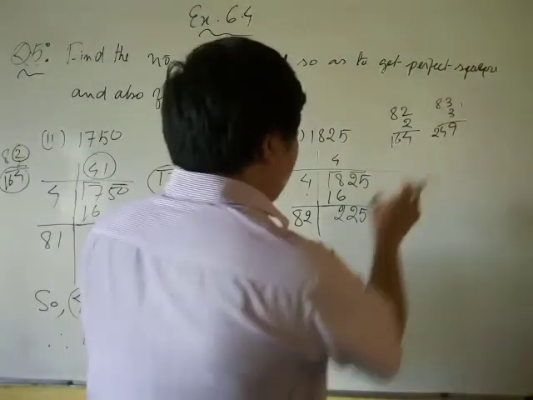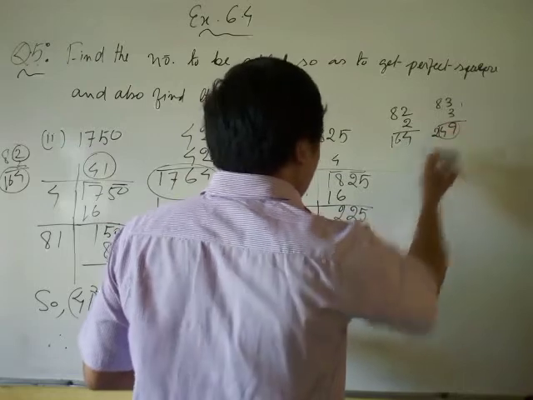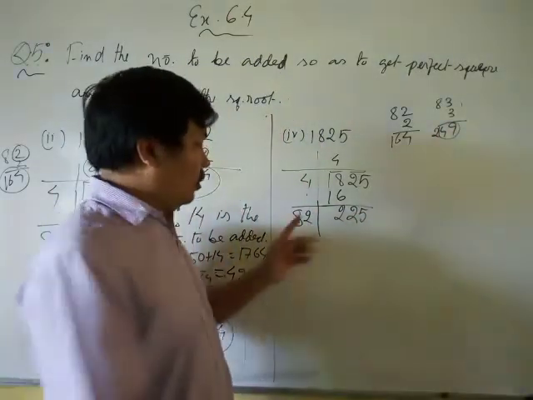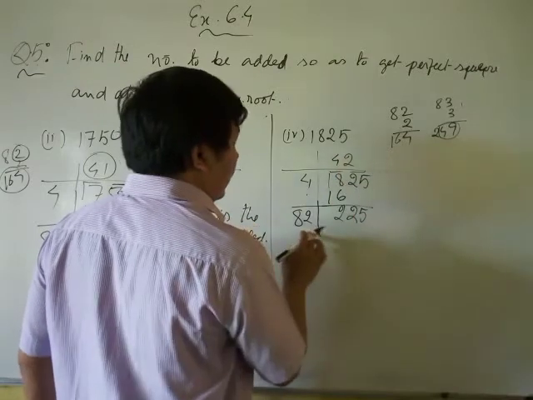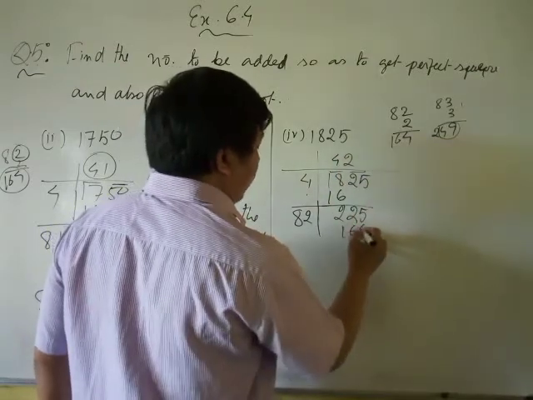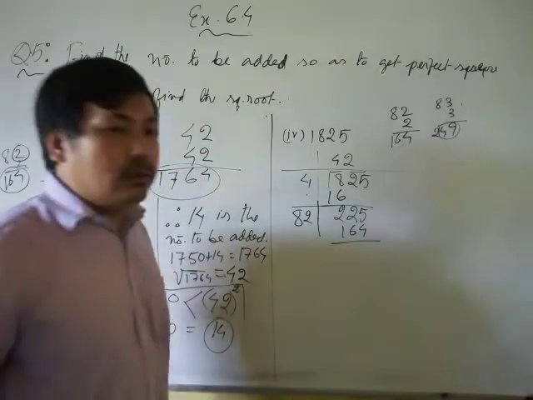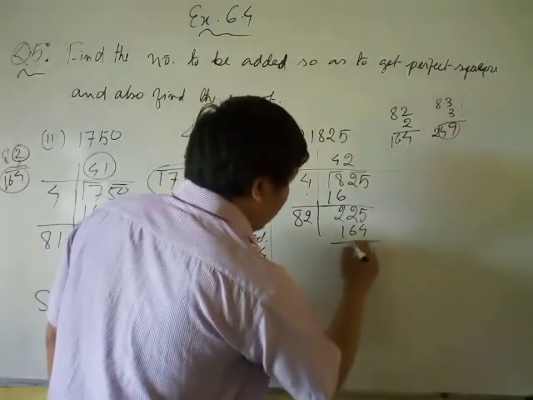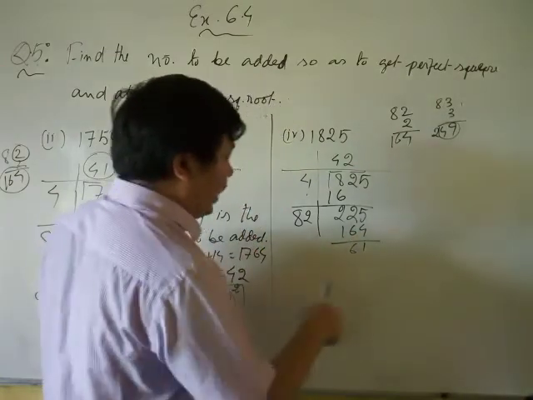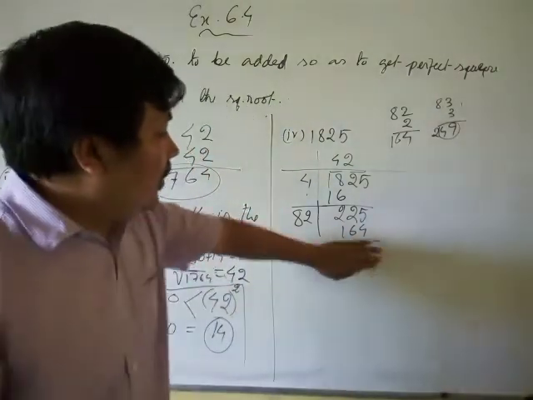Don't confuse now. This is 49 here, 25. We cannot take this 3. So we will take 2. So 2 multiply with 2. Then here how much? 164. Then 164 minus, how much will we get here? You will get here 61, isn't it? Yes, 61 is a remainder.